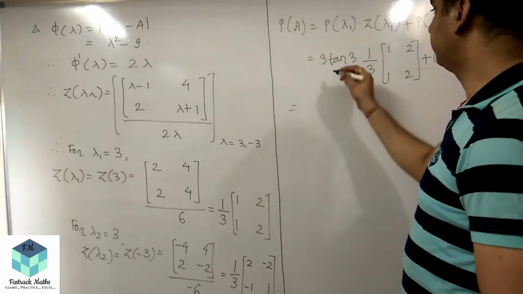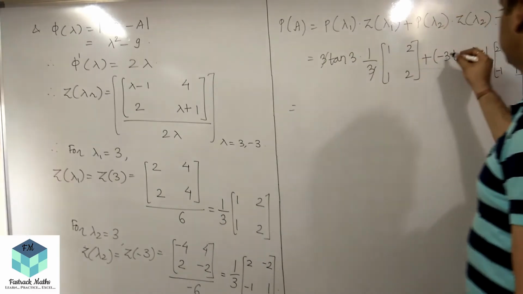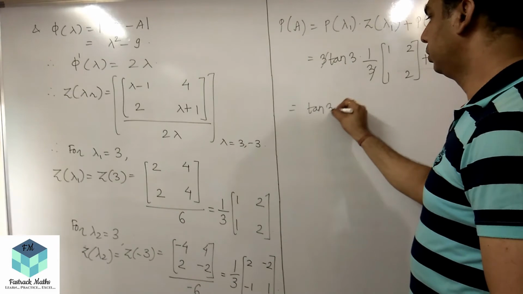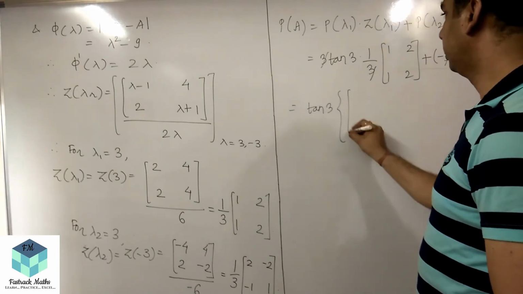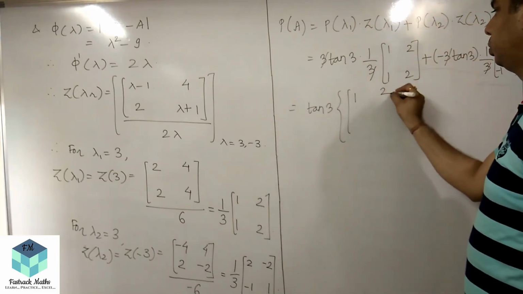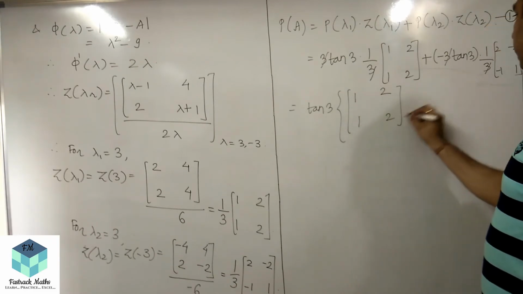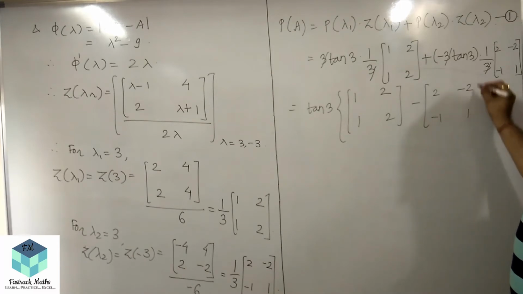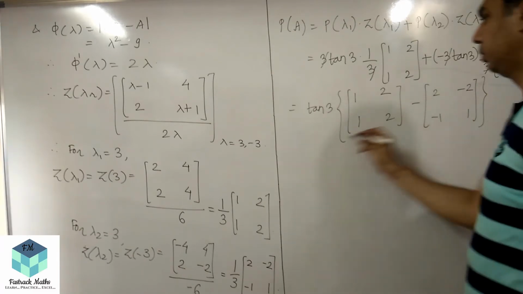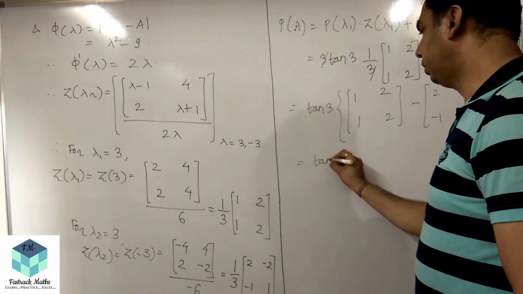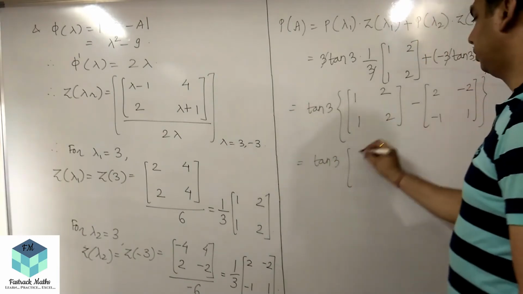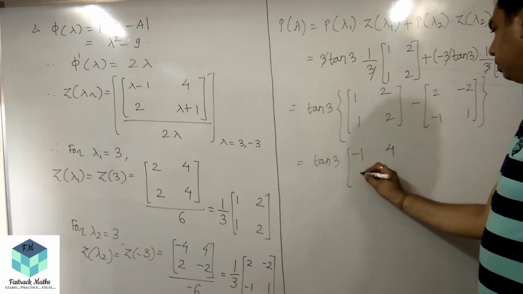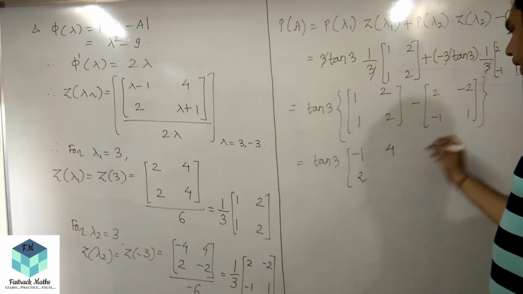We can take tan 3 common. So the first matrix is [1, 2; 1, 2] minus [2, -2; -1, 1], and this is equal to tan 3 times [-1, 4; 2, 1].